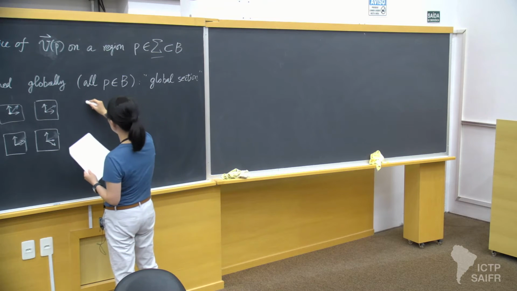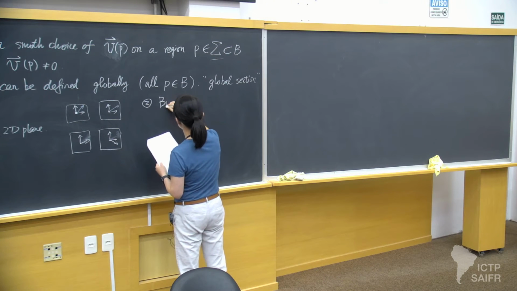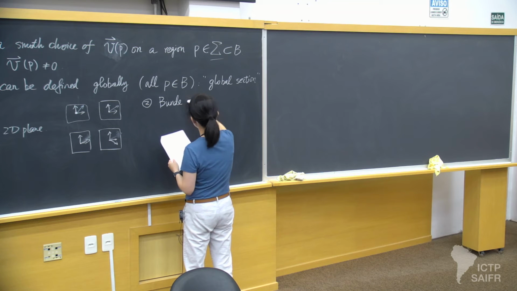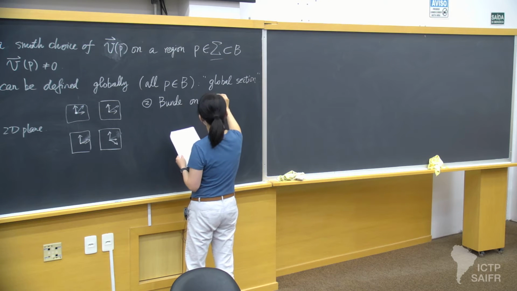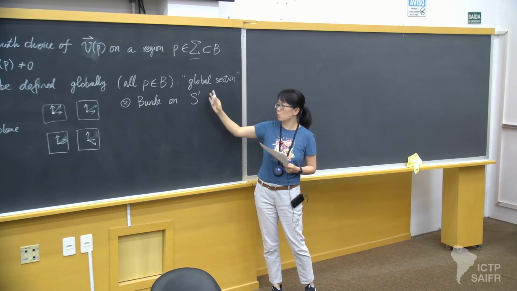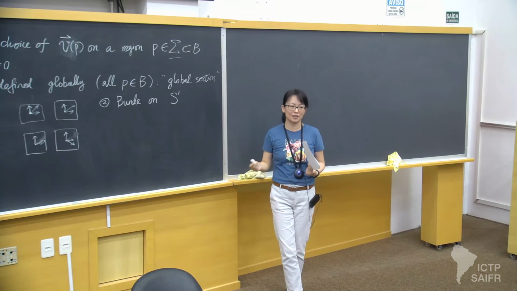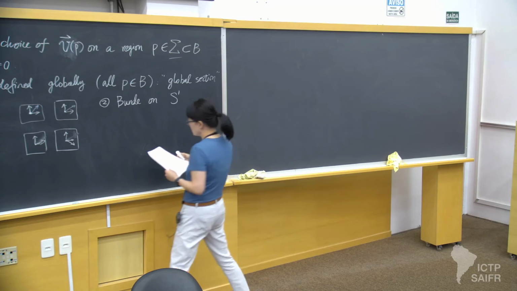And the next example, I would like to have a bundle defined on a circle S1. So this is one sphere. One sphere is a circle. It's a sphere in 2 dimensions. Okay?